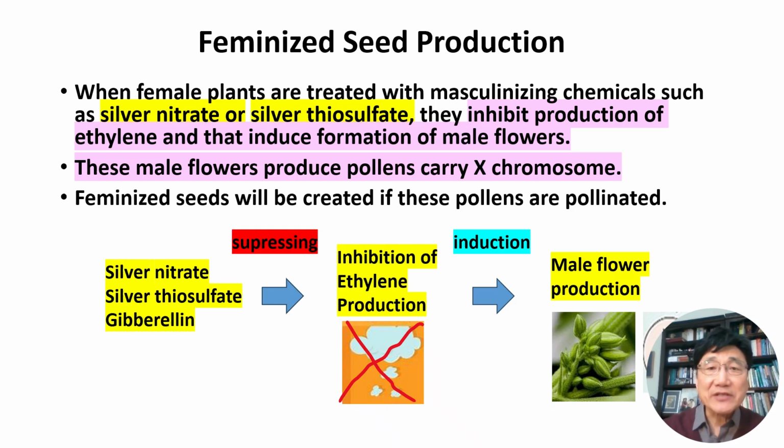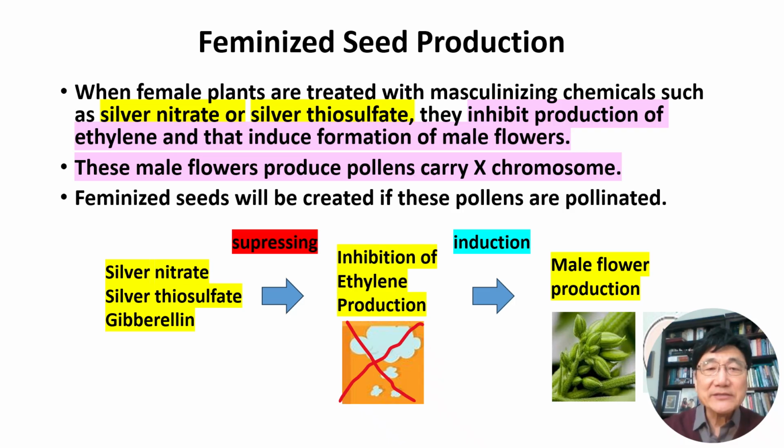In the previous slide, I mentioned that ethylene maintains female flower formation in cannabis. By inhibition of ethylene production, however, we can produce feminized seeds.